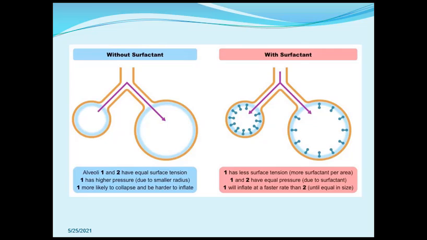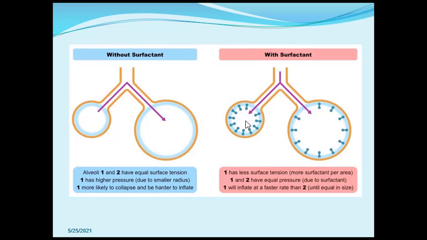Now let's take a look at the next illustration, wherein this time it has surfactant. For the smaller radius, it has less surface tension. That means it has more surfactant per area. The surface tension is not lessened linearly by the presence of surfactants. It also depends on the area or the density.